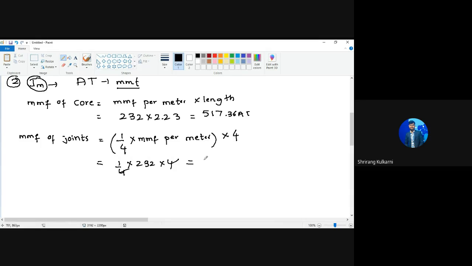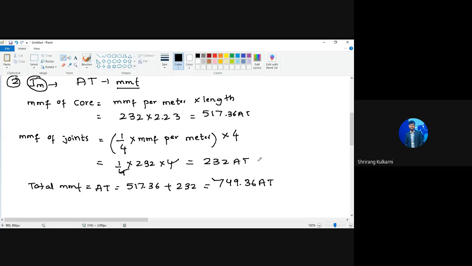How much will be left out now? 232 ampere turn will be left out. So what is the total MMF? Total MMF, capital AT, is equal to 517.36 plus 232. If you add these two, you'll get 749.36 ampere turn.